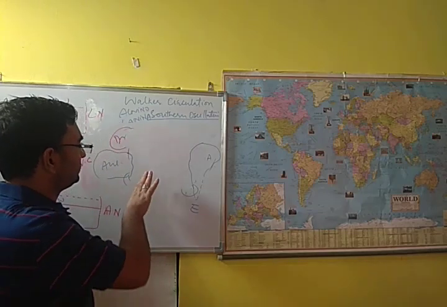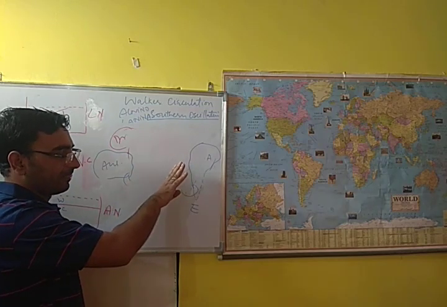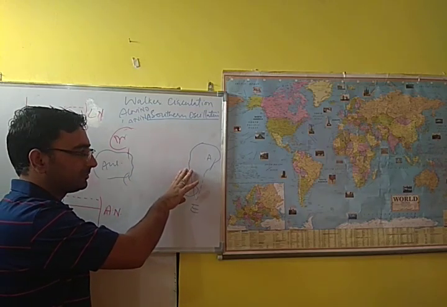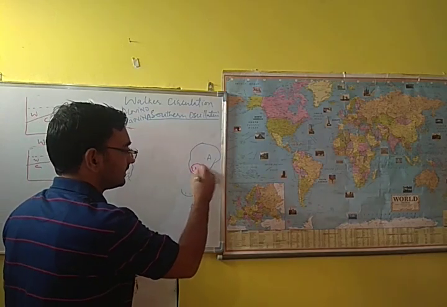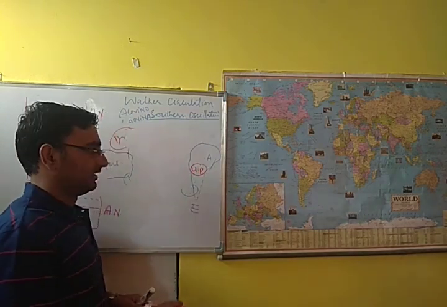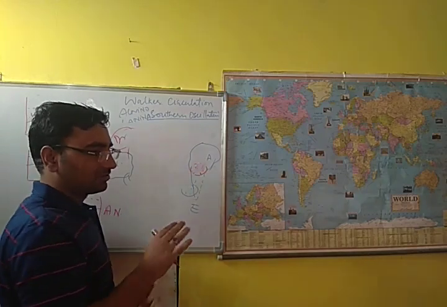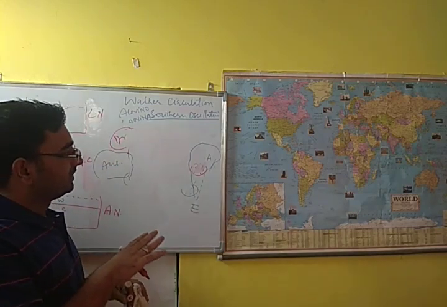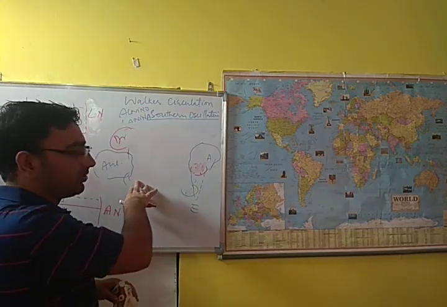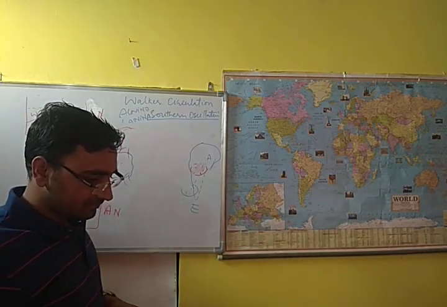So what happens during the El Nino phase if this water is being pushed back towards the eastern Pacific? The upwelling which was taking place here will be severely discouraged. The upwelling will not take place in this part. So upwelling will decrease, and here the downwelling will also decrease. Downwelling will also decrease here.